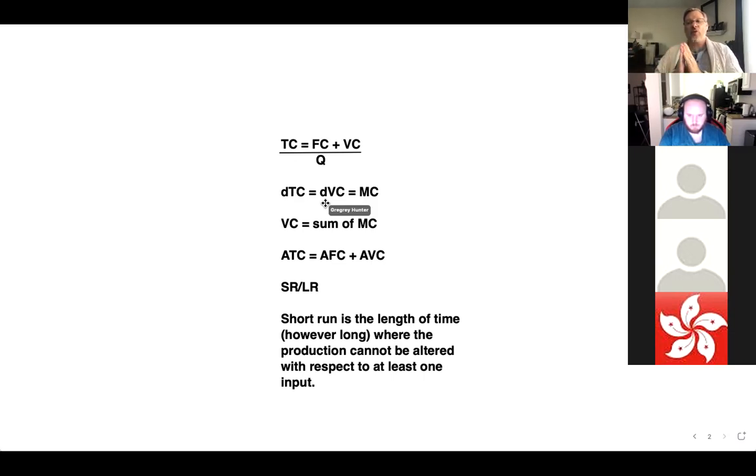And so you're stuck with that food truck, and likely, even if you decided you wanted to exit the industry, meaning you want to sell all your assets and get out of it, you probably couldn't sell the food truck tomorrow, right?